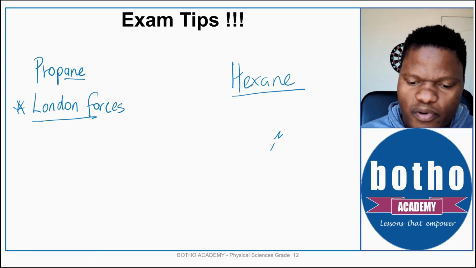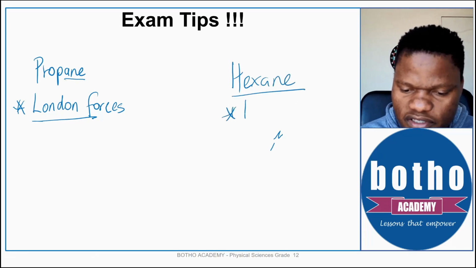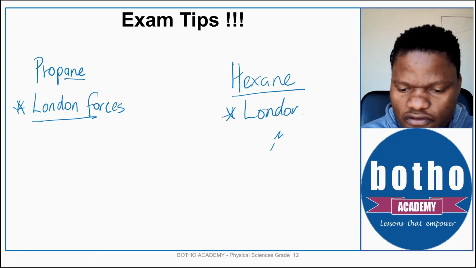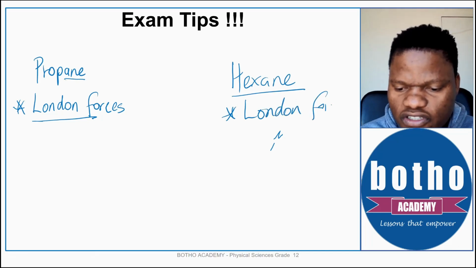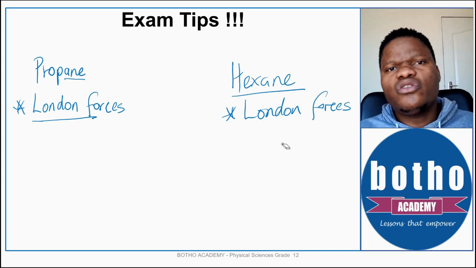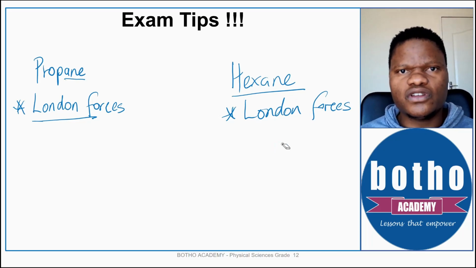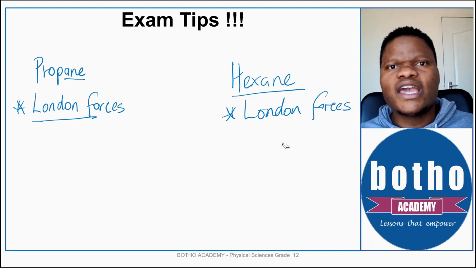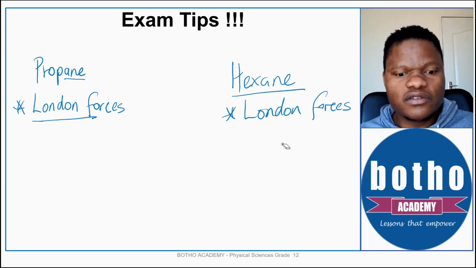Both of them have the same type of intermolecular forces. They both have London forces only. Now, you cannot talk about the type of intermolecular forces that exist between the two as the difference maker. No, it doesn't make a difference.